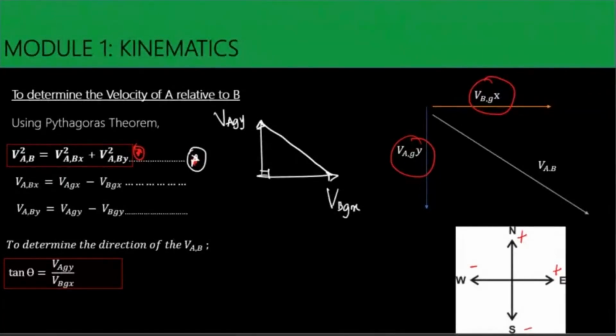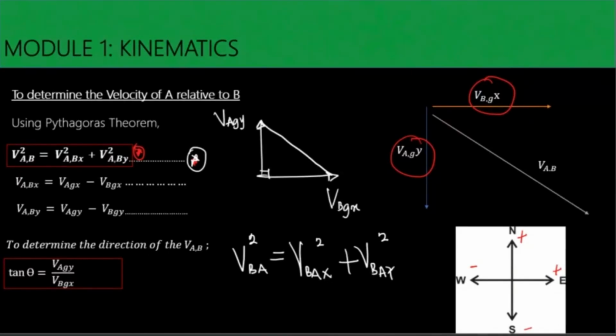Now, if you look at the formula, we have velocity of A relative to B on the x-axis and the velocity of A relative to B on the y-axis. Now, if you have been asked to calculate the velocity of B relative to A, this is going to be squared, so it's going to be velocity of B relative to A on the x-axis squared plus velocity of B relative to A on the y-axis squared.